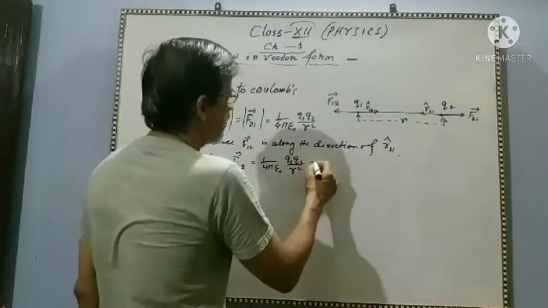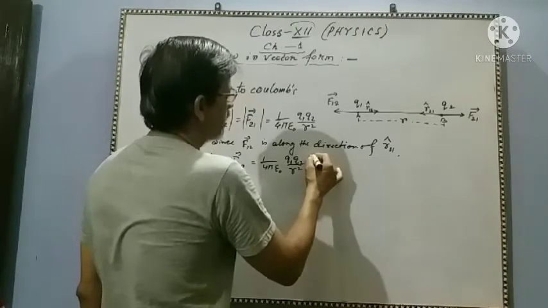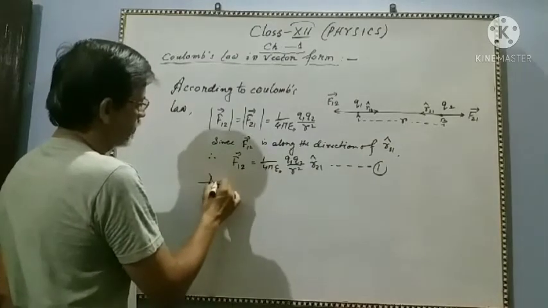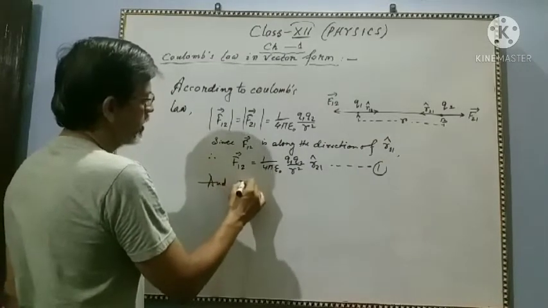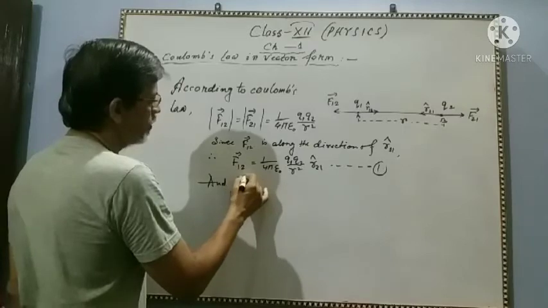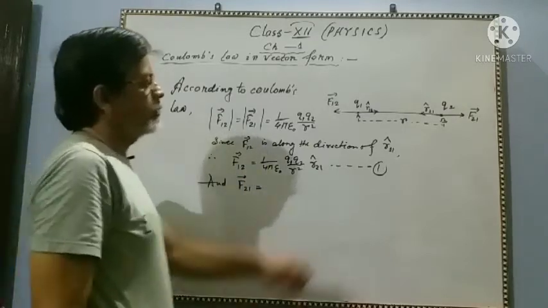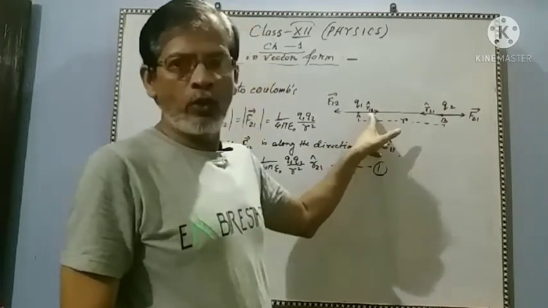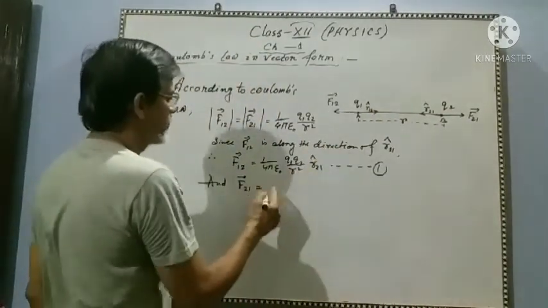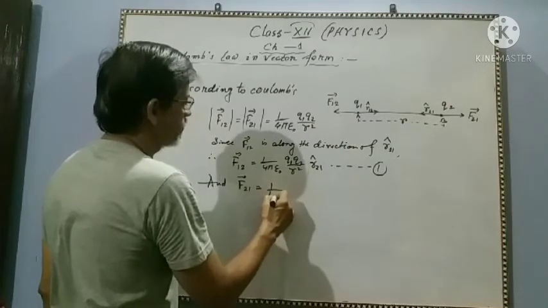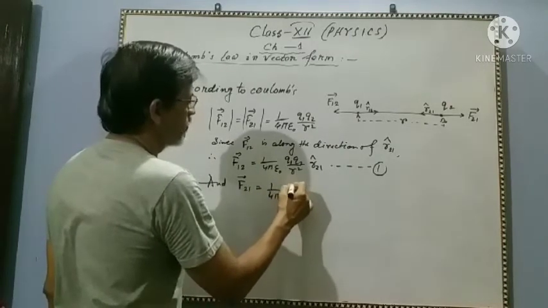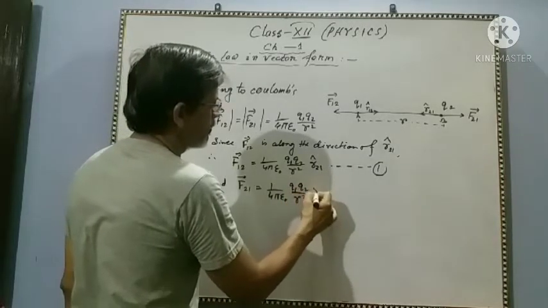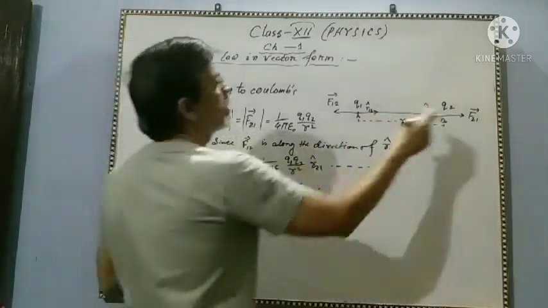So R21 cap, and F21 vector, its direction is along the direction of R12 cap. So what is its direction?